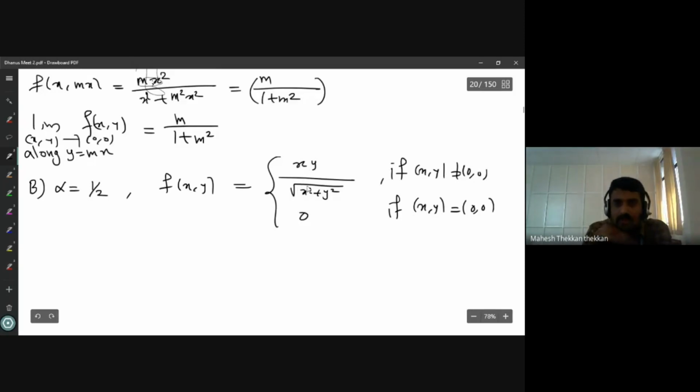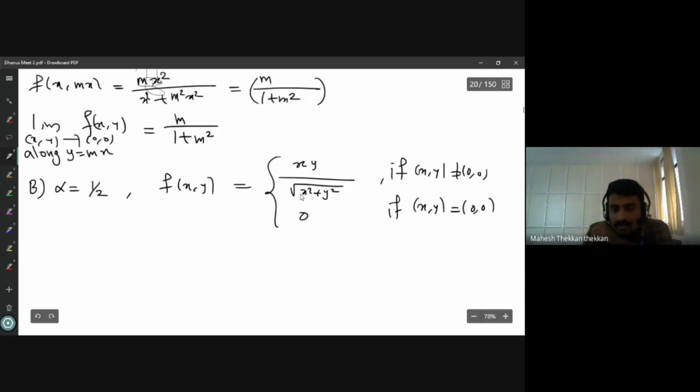The only thing you need to worry about is if both have the same degree, numerator one polynomial and denominator another polynomial, then we cannot conclude anything. And suppose the numerator has a higher degree than the denominator, you cannot conclude, but you can have an observation that this will be continuous.